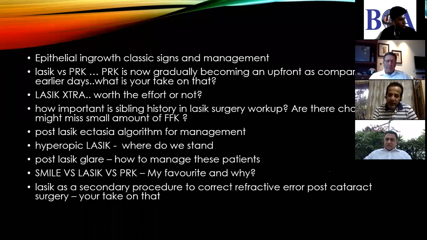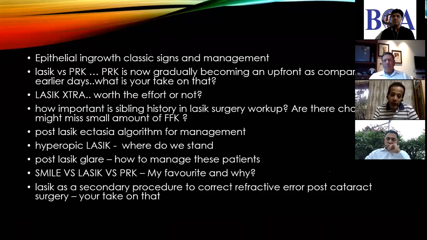At the same time, keep doing at least monthly topographies to see whether the signs of ectasia are present. If it's definitely progressive, then one needs to intervene early. One can't wait for an ectasia to progress beyond a particular level and then treat it. So obviously, corneal collagen cross-linking would be the answer.